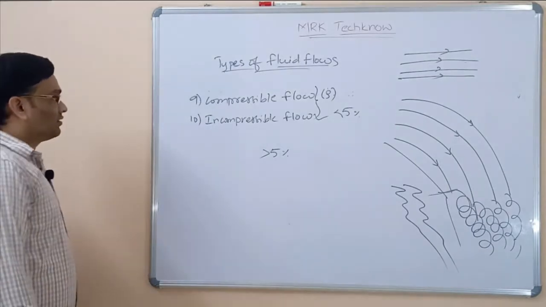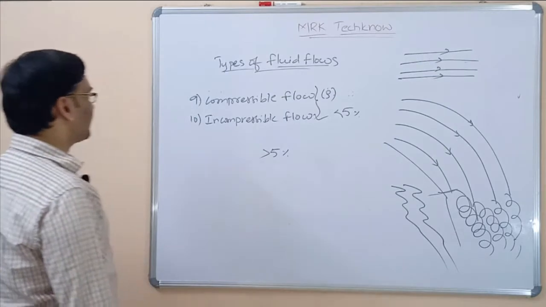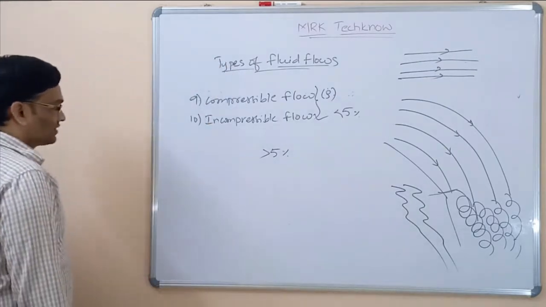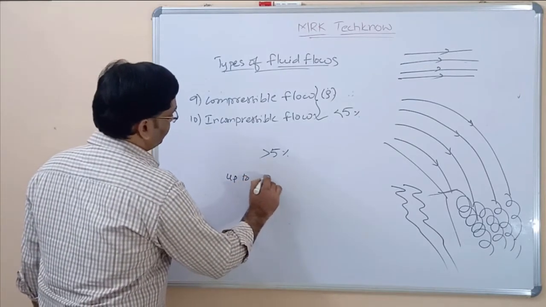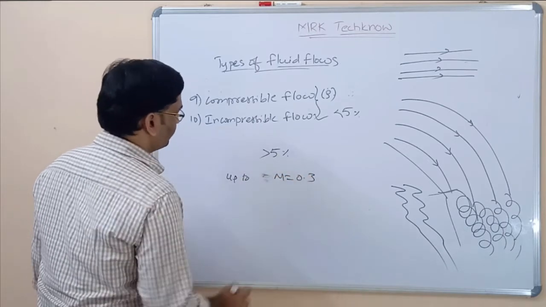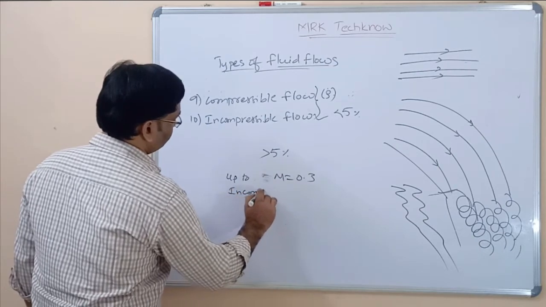So now for air, what is the condition? For air, generally at STP conditions, standard temperature and pressure conditions, up to Mach number 0.3, that is M equals 0.3, you can consider the flow incompressible.